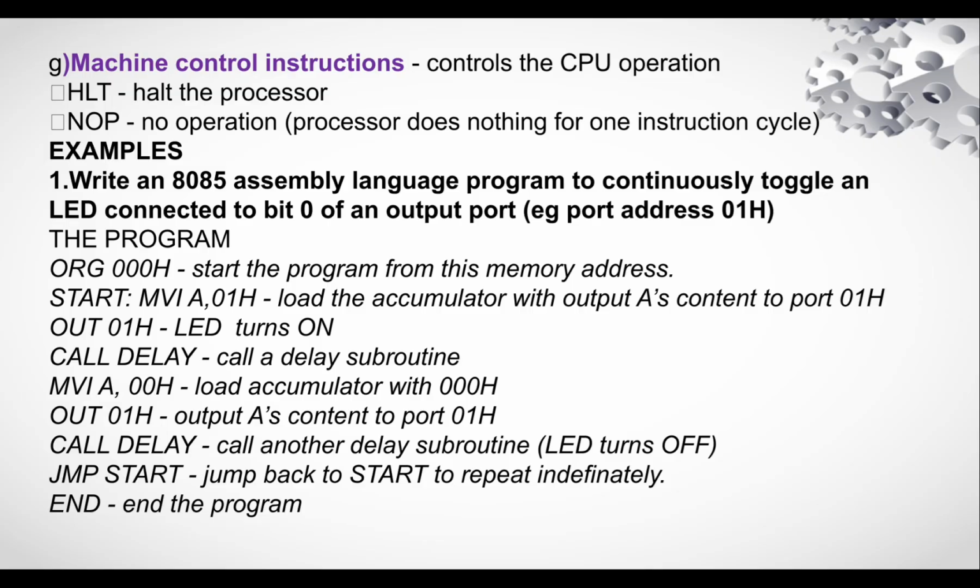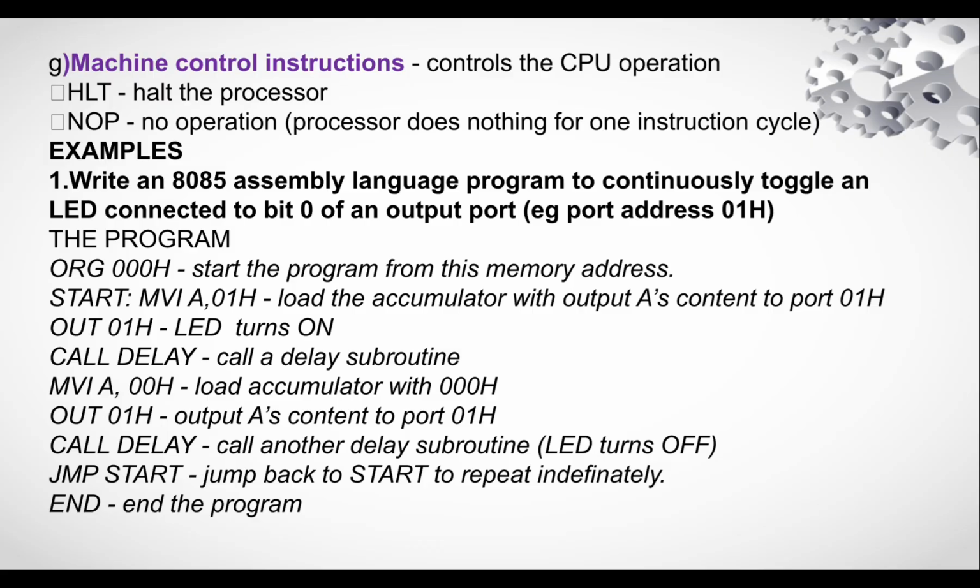So I'll load the accumulator with the contents of 0 hexadecimal, which is another external output, and I'll get an output at point 01, which will now change the state of the LED to an off state. After that, I'll call a delay subroutine, whereby the delay will let the LED turn off for a specified period of time, then turn on again.